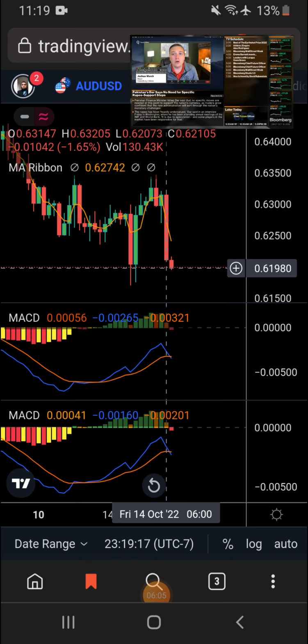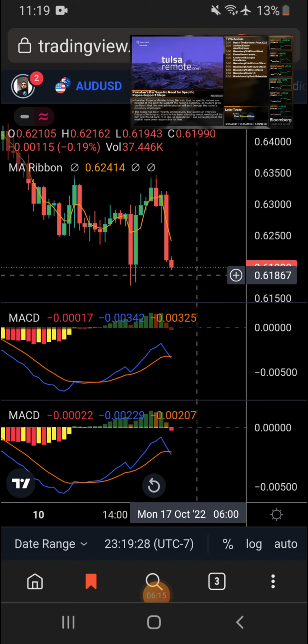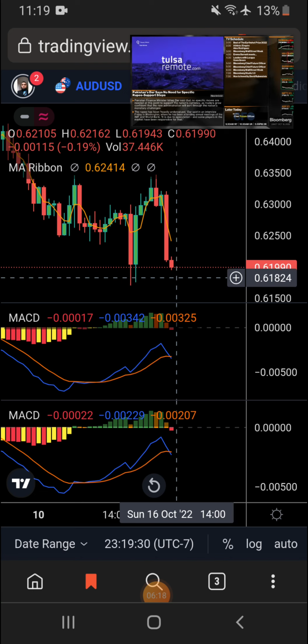I'm thinking on Sunday we could see non-US dollar pairs show strength perhaps. Though that MACD is kind of crossing down. Doesn't mean it can't cross back up though.